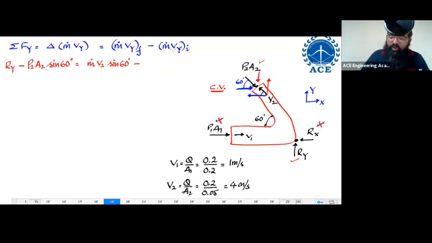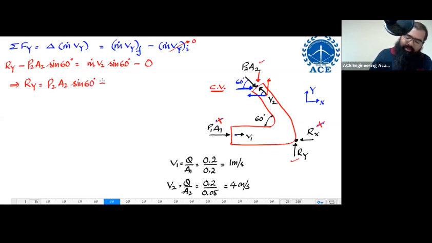It has zero component in the y-axis. So luckily for you, this value is equal to 0. This implies the value of Ry is equal to P2A2 sin 60 plus m dot into V2 sin 60.